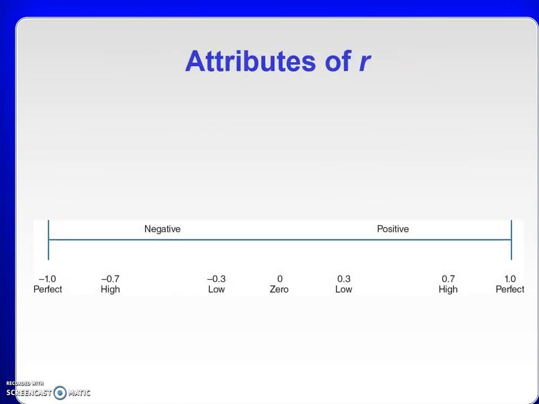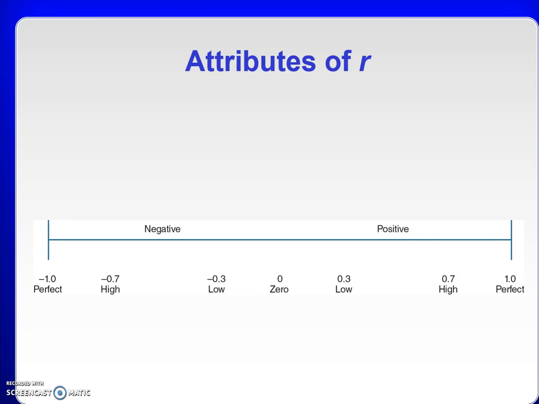Well, the attributes of correlation, again, can range from a negative all the way to a positive. And what that means is if we're looking at a positive relationship between two variables, as one variable increases, so does the other.